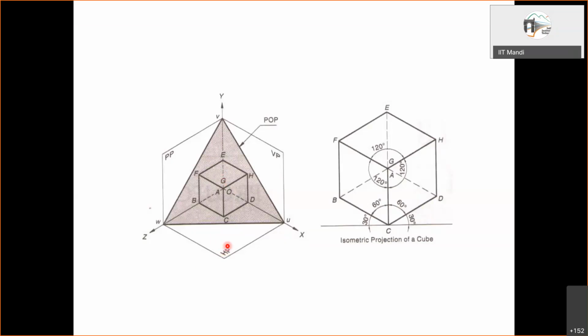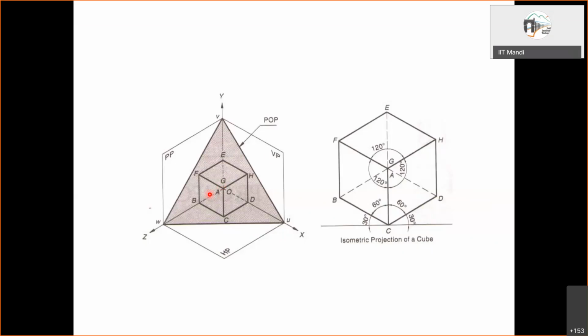With this configuration, what will happen? You will have this plane of projection. Now if it is equally inclined to all, then the projection on this plane of projection will actually be the isometric projection. That is the thing. So for this cube, if you simply have a top view and front view, then whatever is visible here where the pointer is will give you the shape of the front view.